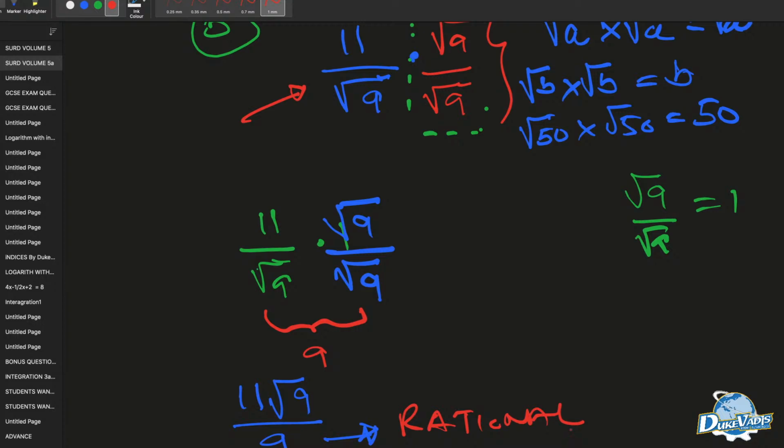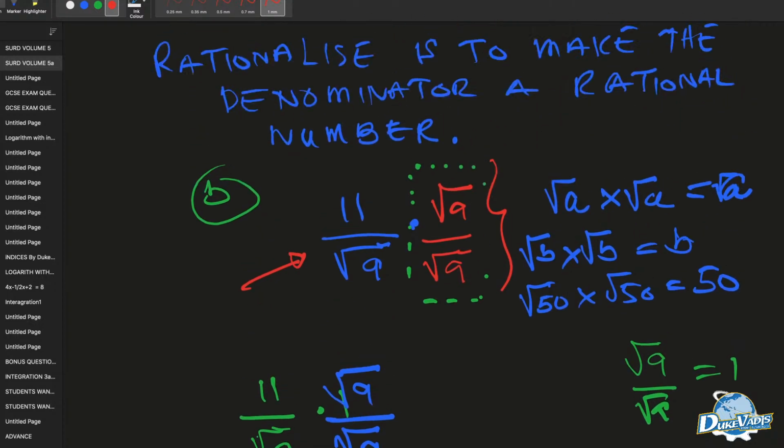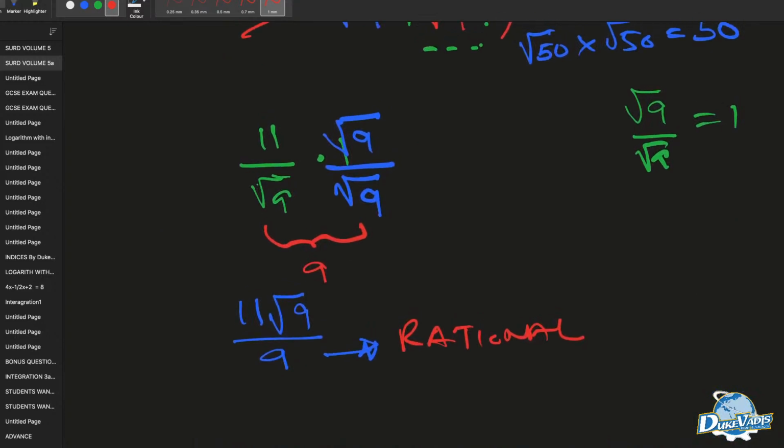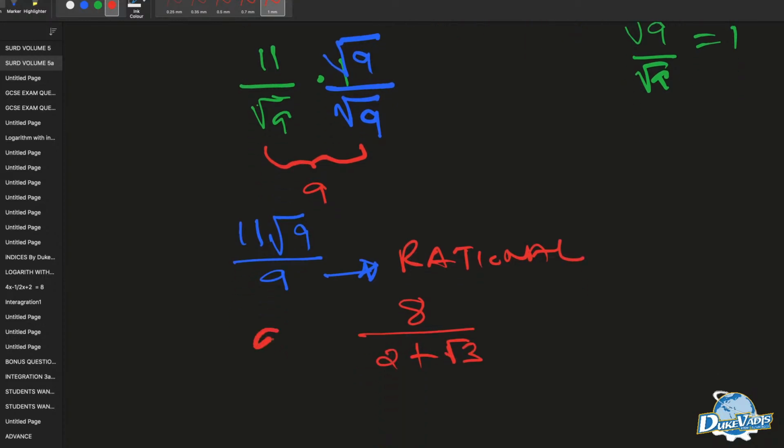Let's look at the first part of the question. We have 8 over 2 plus root 3. That's the A part.